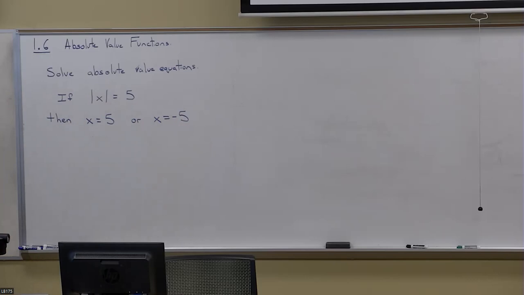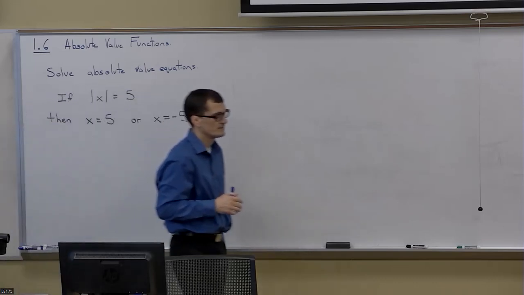All right. So if we end up with absolute value equaling a positive number, or I should say, or 0, too, not negative, then that's kind of how we solve it. And beyond this is the basic idea.